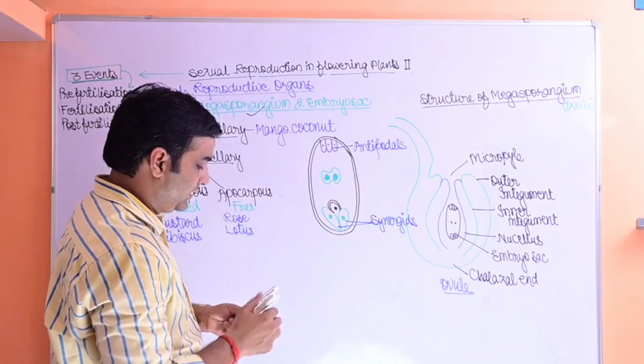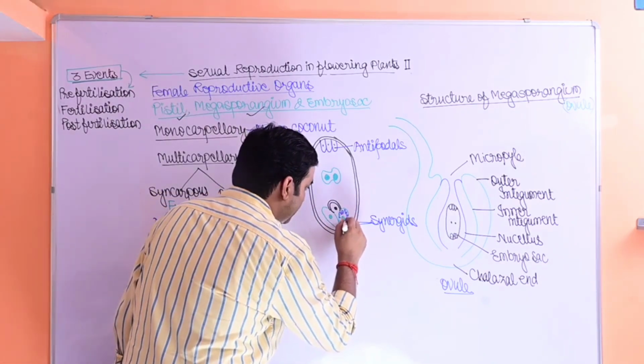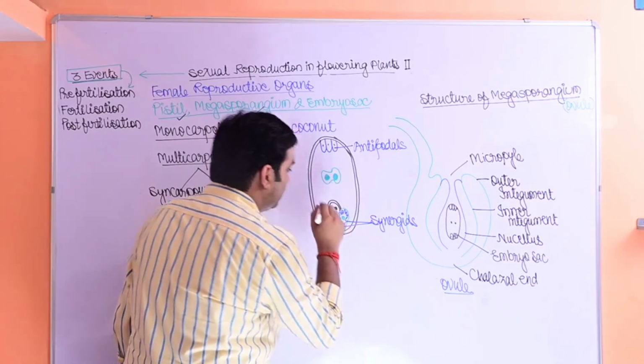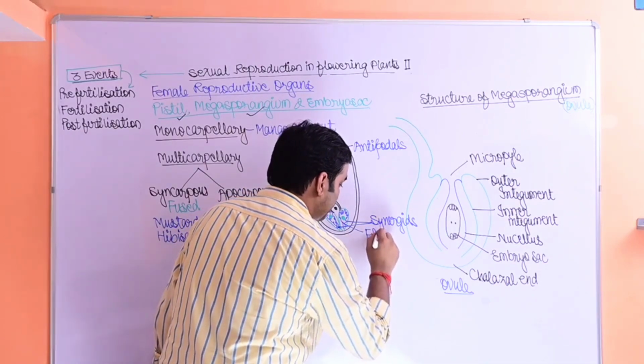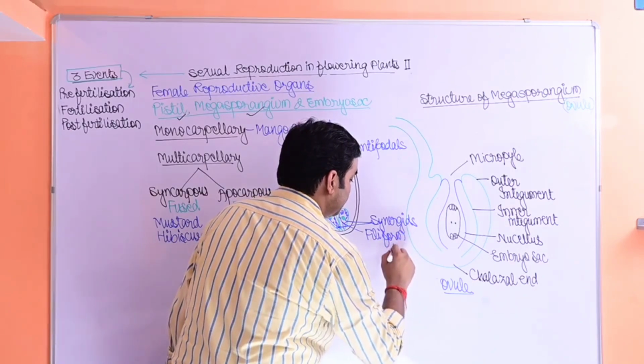And it has several finger-like projections, which is called filiform apparatus. What is the use of this? I will let you know, because this is a question of board examination.